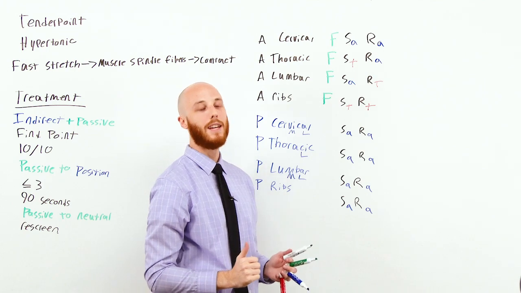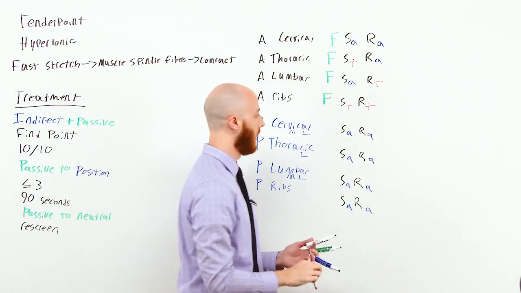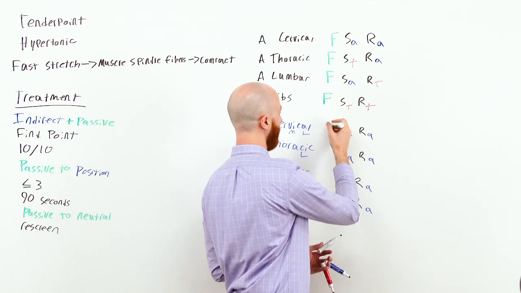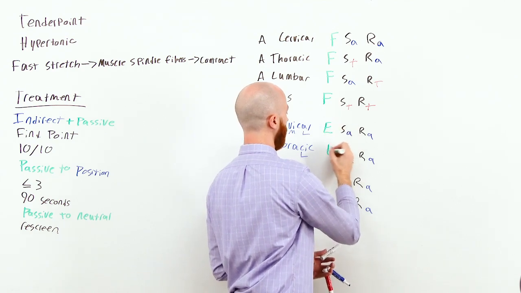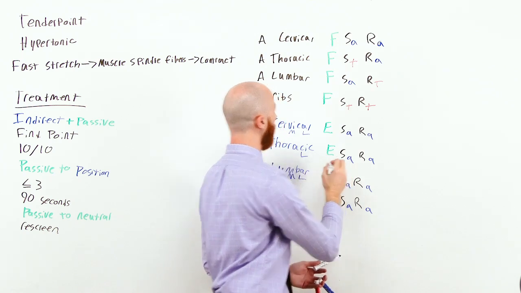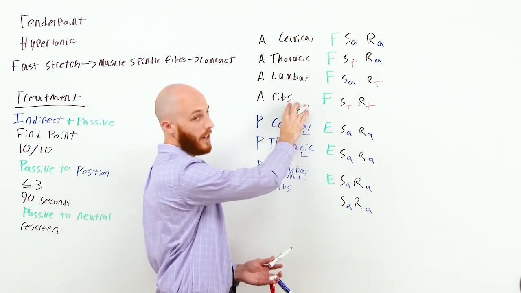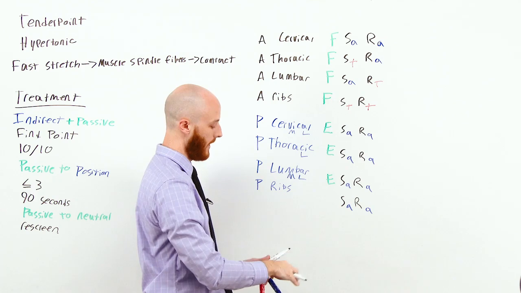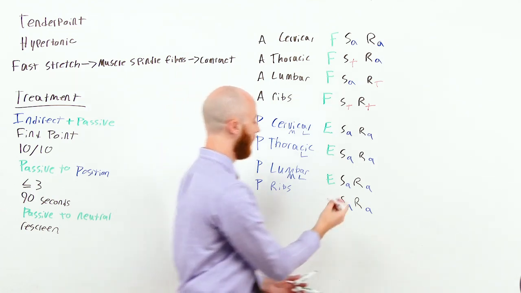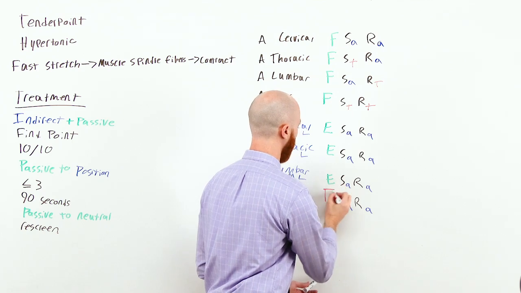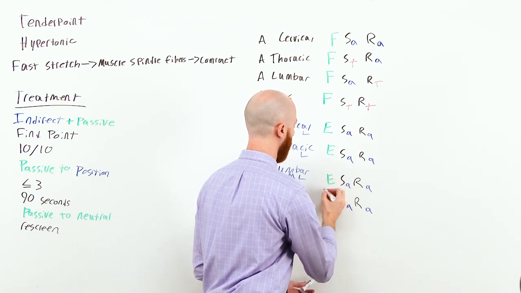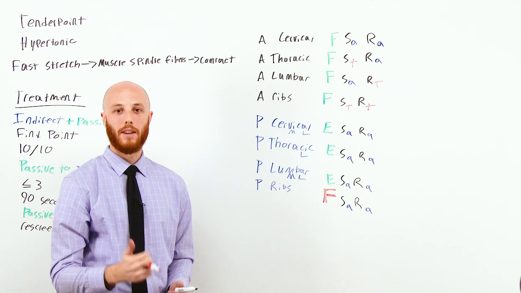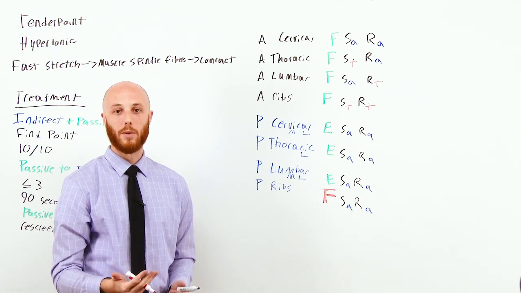So if it's in the back and you want to fold and hold those back muscles, you're going to extend. Now, just like the anterior points and ribs being very different, just like that for posterior, the posterior rib point is going to be very different. So instead of extension, you're going to go into flexion. So these are all the normal points for the cervical spine, thoracic, lumbar, and for the ribs of the anterior and posterior sides.